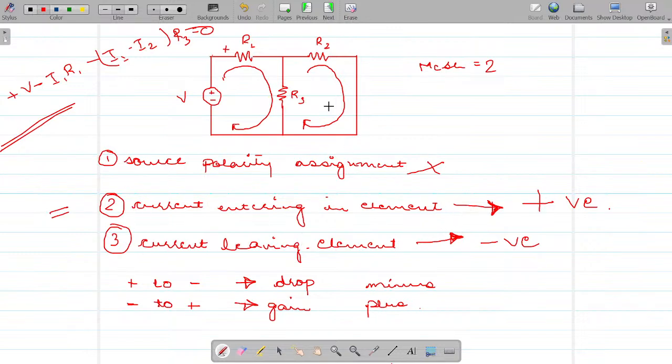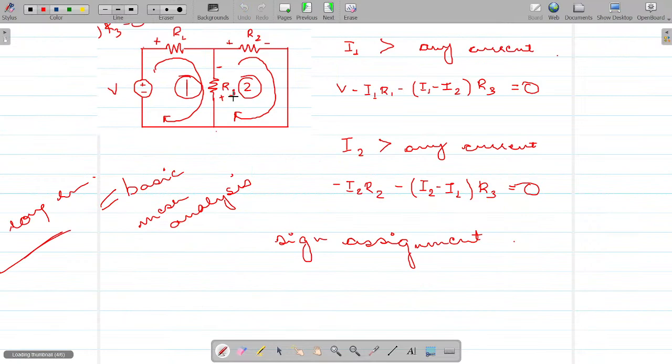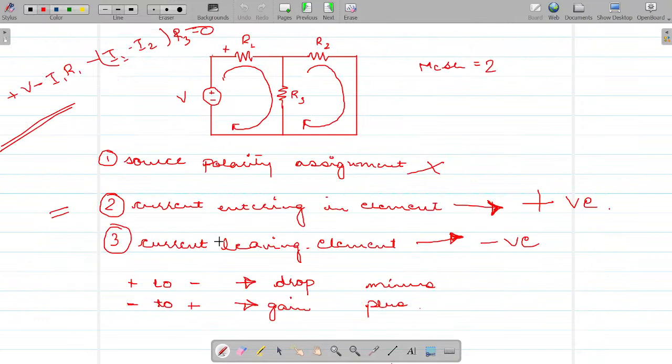And yes, see, this assignment is true for this loop. This may not be true for this loop. In this loop, here will be positive, here will be negative. So assign accordingly.